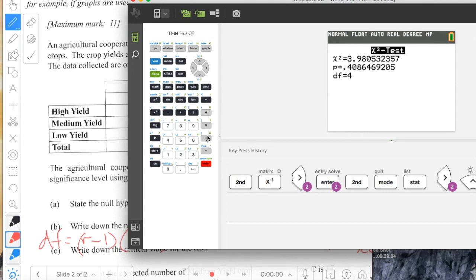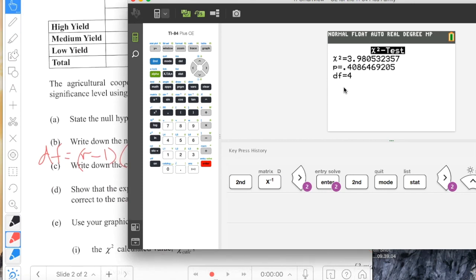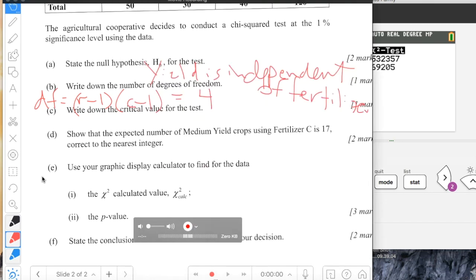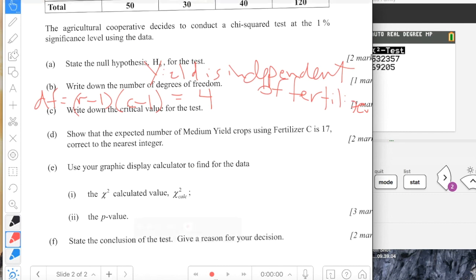And you can see it gave us our degrees of freedom at 4, and it gave us the calculated chi-squared value. Okay, so that is actually down on question E over here. The critical value for the test, which was asked in this question, you actually get from a chart. But for the exam, you're going to be given that critical value based on the degrees of freedom and your confidence level.